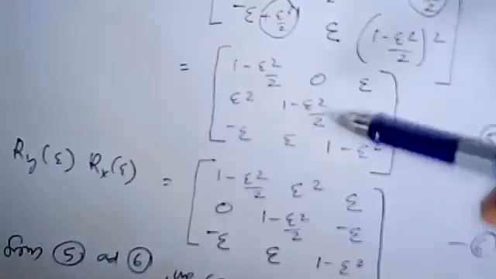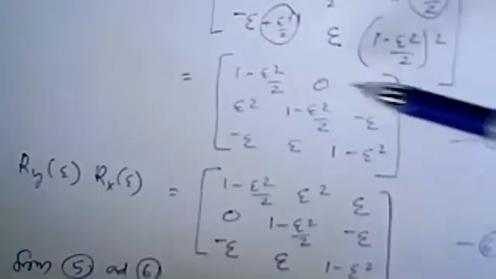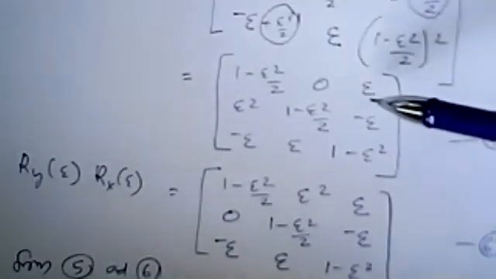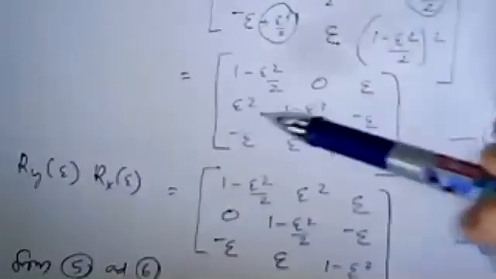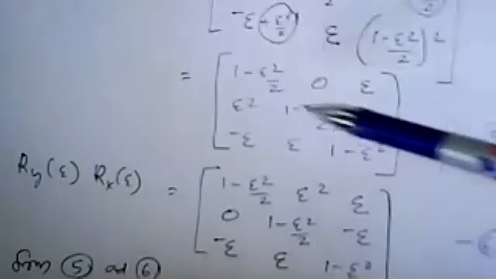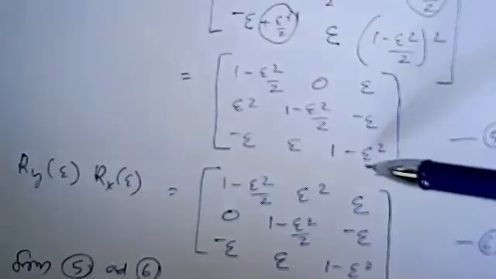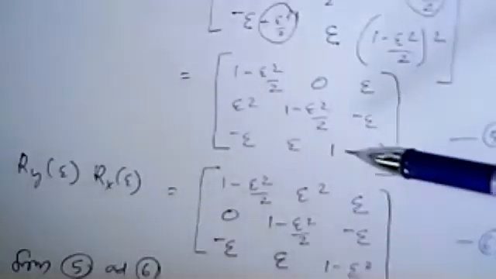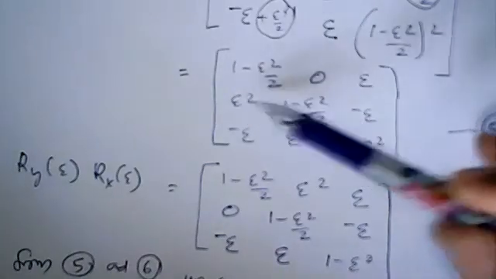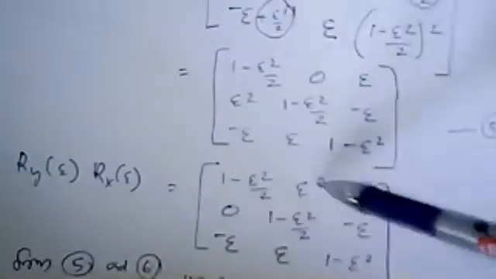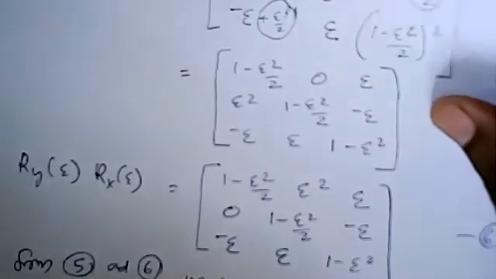These two matrices become 1, 0, epsilon, 0, 1, minus epsilon, epsilon, 1. If you neglect the epsilon square term, you can see that these epsilon squares are neglected and 0 comes there.